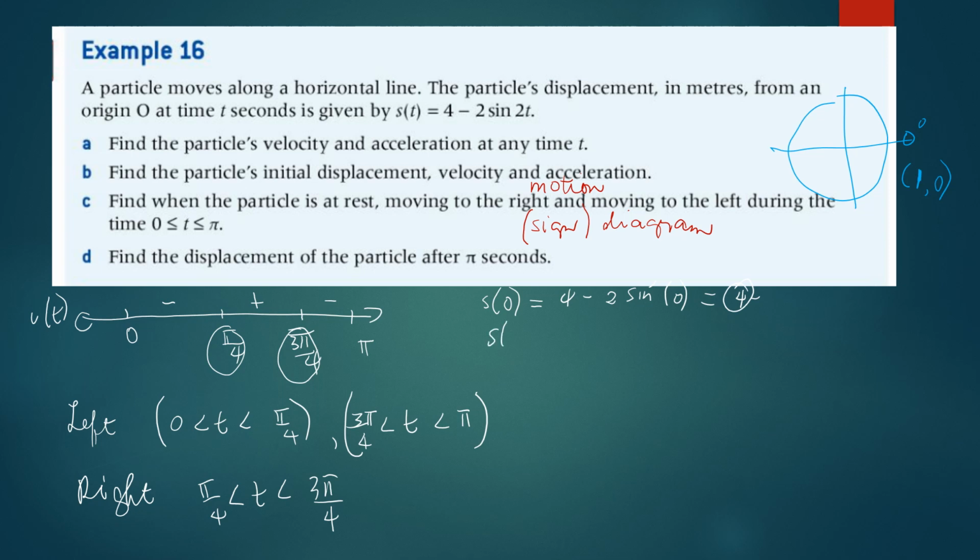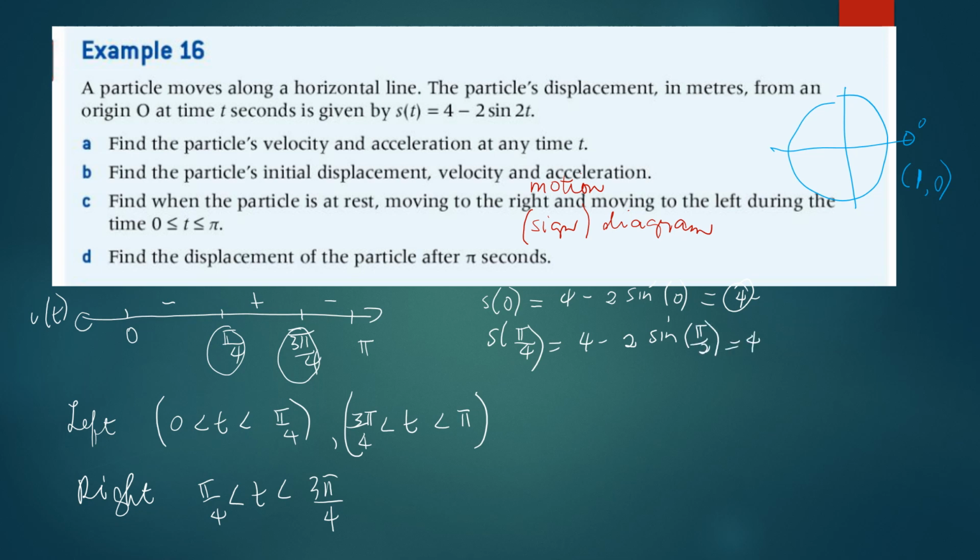And then S of pi over 4. So 4 minus 2 sine 2t. 2 times pi over 4 is pi over 2.